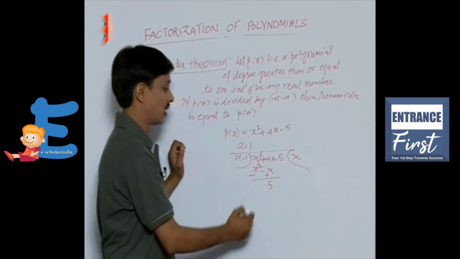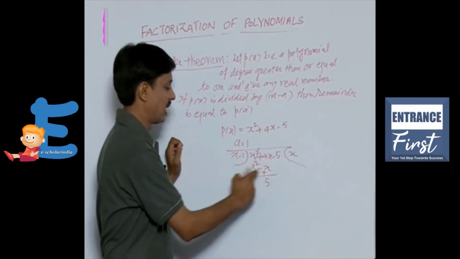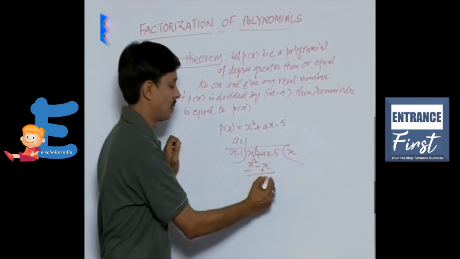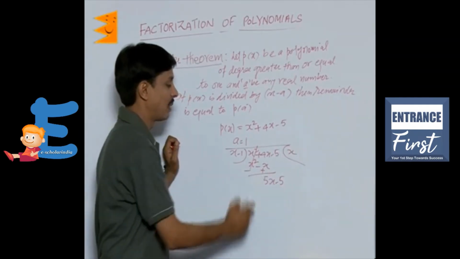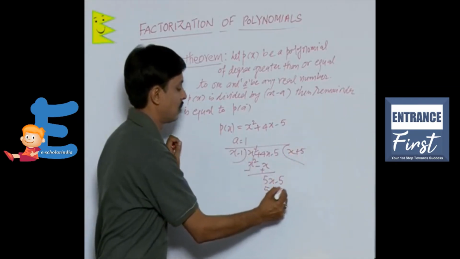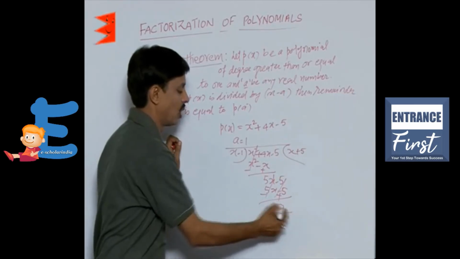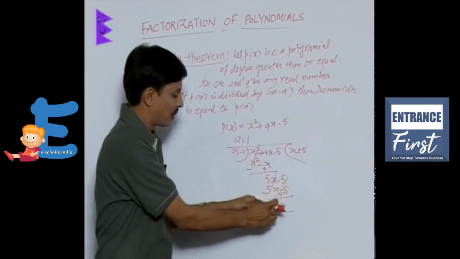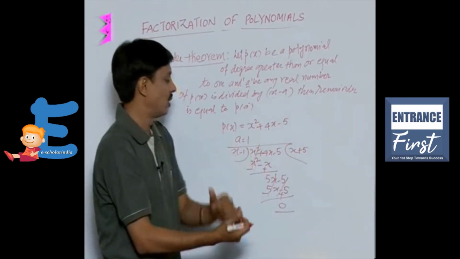On subtracting, this becomes 5x minus 5. Then I am taking here 5. This becomes 5x minus 5. Now on subtracting, this gets cancelled and it is 0. The remainder is 0. So I have obtained the remainder 0 when I performed actual division.